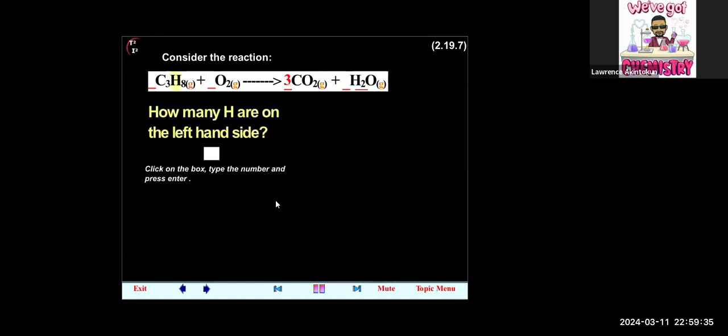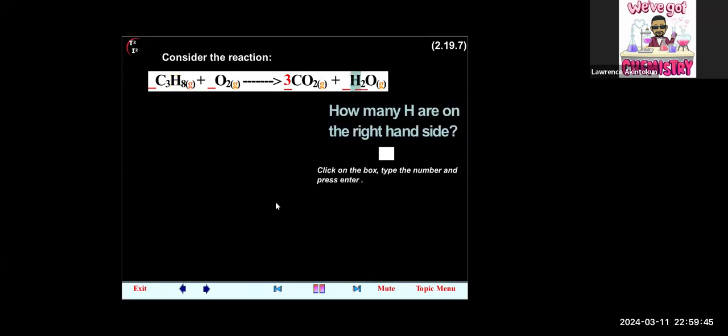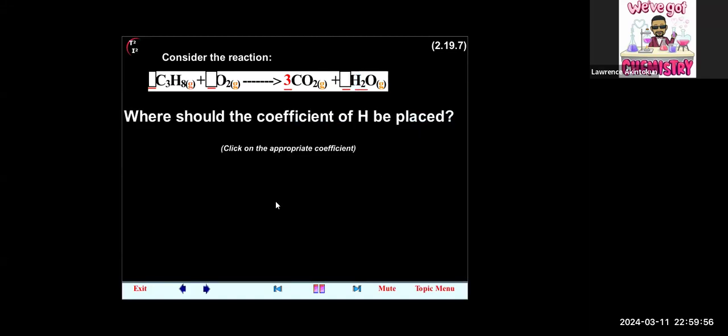How many H's on the left-hand side? All right. How many H are on the right-hand side? Where should the coefficient of H be placed?